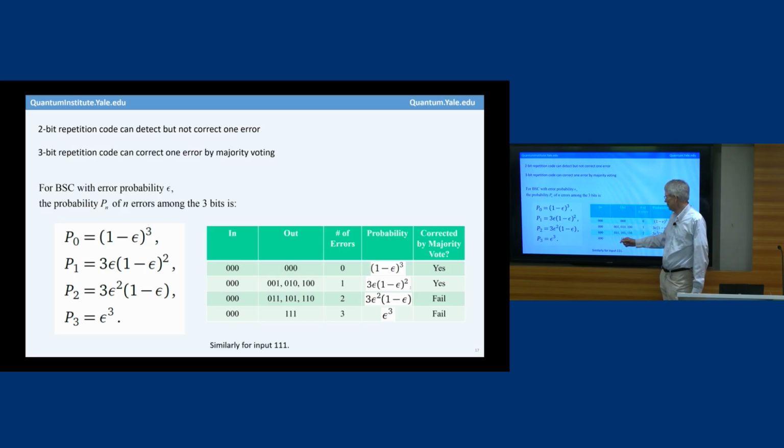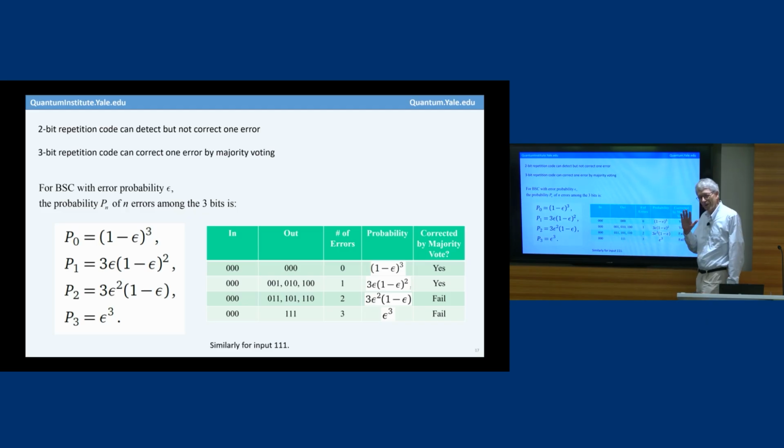Here, 2 of them are flipped, and you say, oh, I see 2 of them are 1. Probably the most likely thing is there was 1 error, not 2 errors. And so I'm going to decode this as 1, 1, 1. That's wrong. So the majority voting rule fails here, and it fails completely here because you don't even think there's any errors.